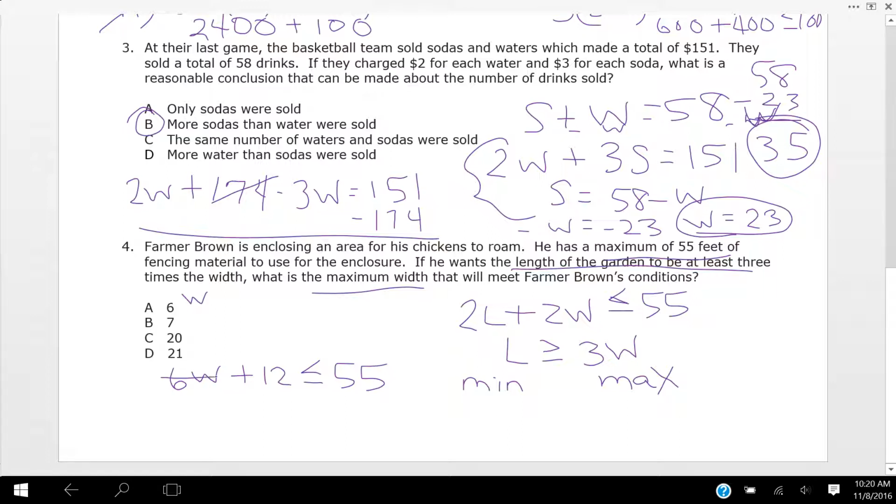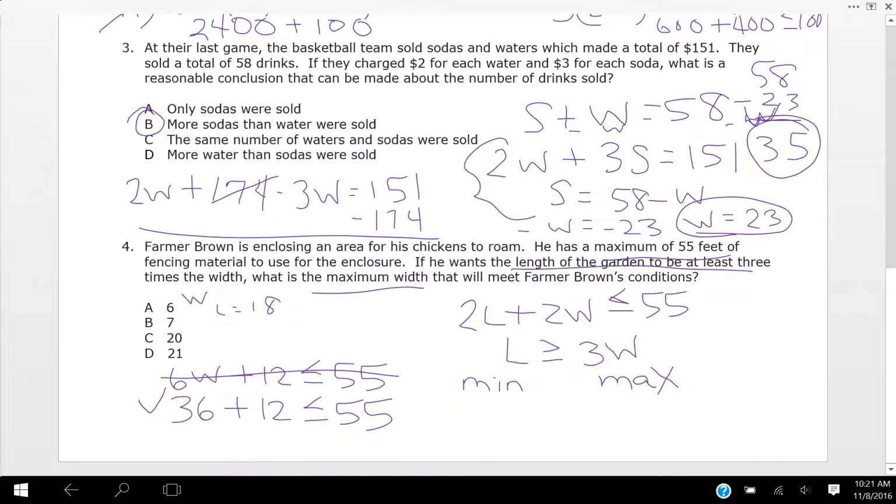Oh, I know what I did before. I went ahead and figured out what my length was. So if my width is 6, then my length is 18. So I put in 36 plus 12 is less than or equal to 55. That's 36, 46, 48. So this one is possible.